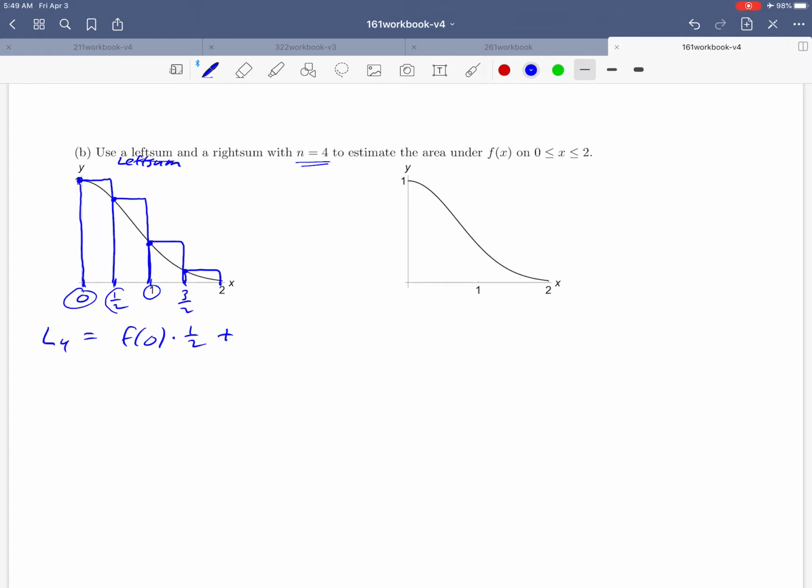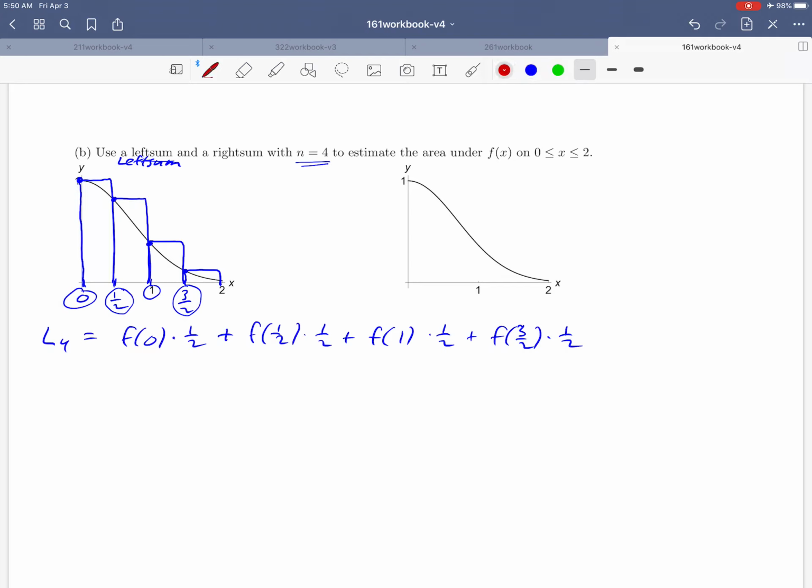Then we come to the second rectangle, and its left-hand endpoint is 1/2. We keep going, and the very last left-hand endpoint is 3/2. There's the calculation that we need to do.